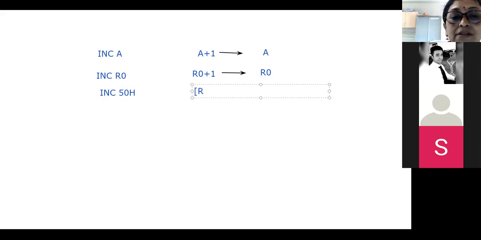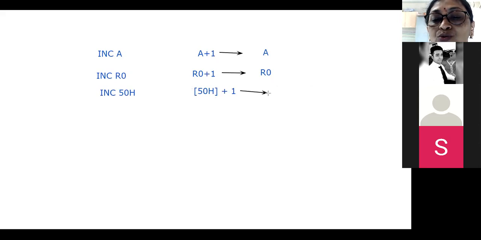Into the square brackets, I will write 50H. 50H in the square bracket means 50H is a memory location, and the data present at 50H will be incremented by 1 and stored again to the memory location 50H.